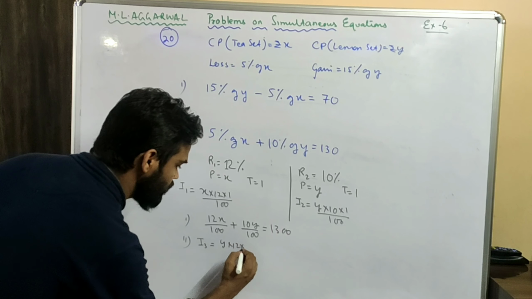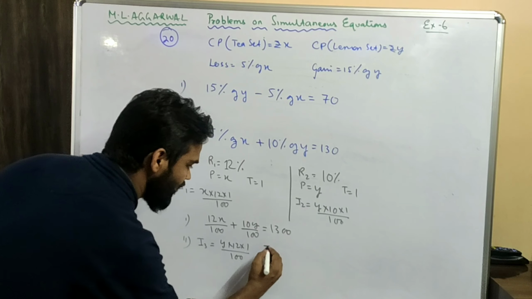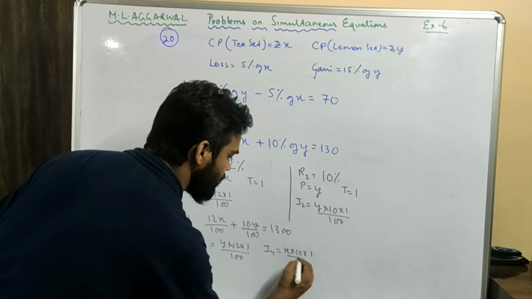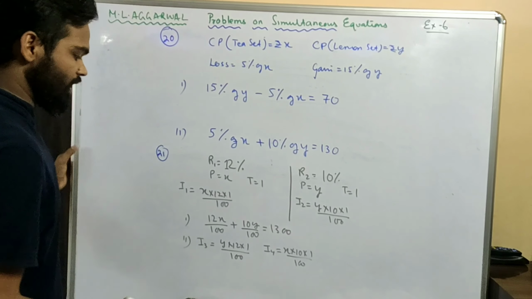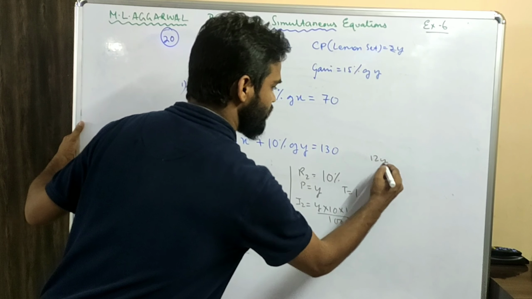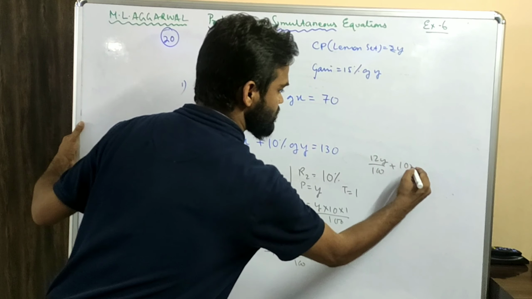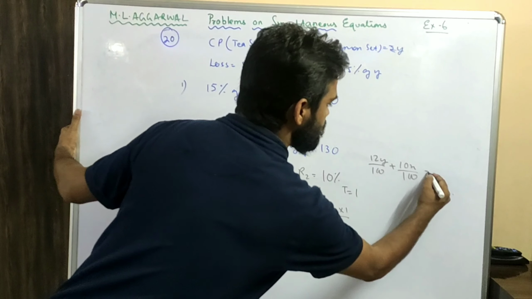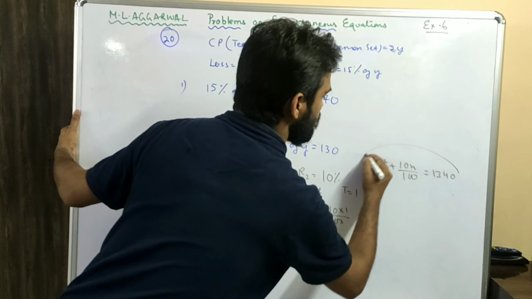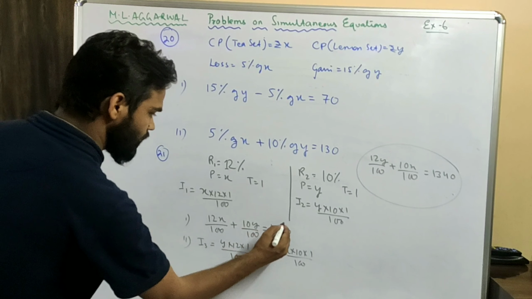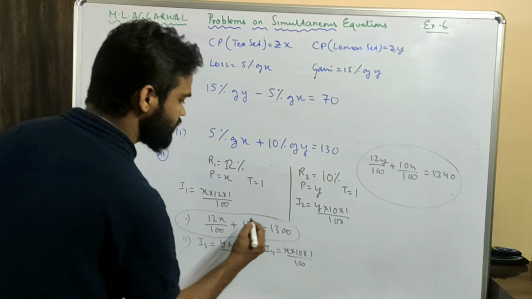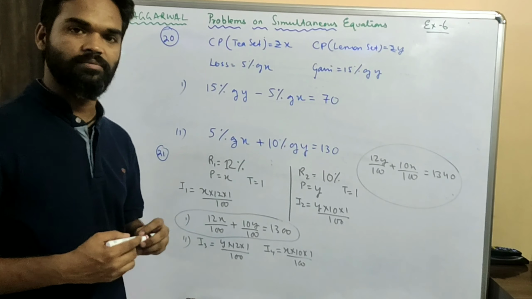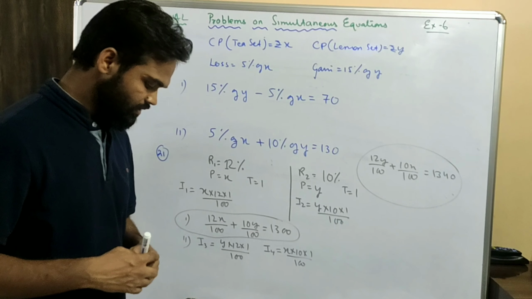Y into 12 into 1 by 100, and your I4 will be X into 10 into 1 by 100, and these two added, which means 12y by 100 plus 10x by 100 gives you 40 rupees more, which means 1340. So this is my second equation and here is my first equation. Am I clear? You can solve these two equations. Now we look at the next sum.